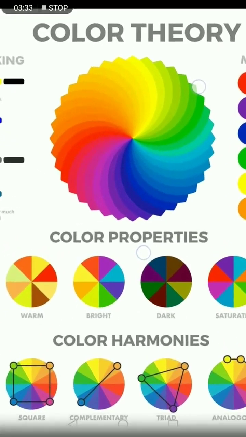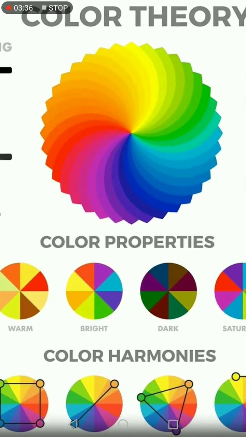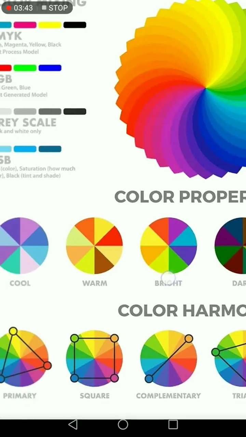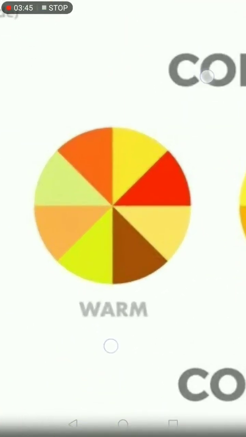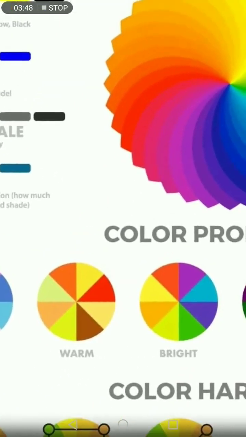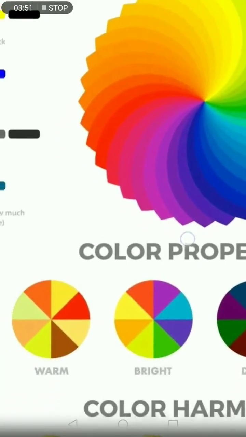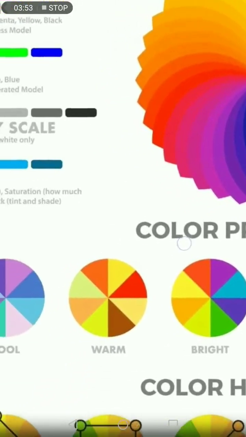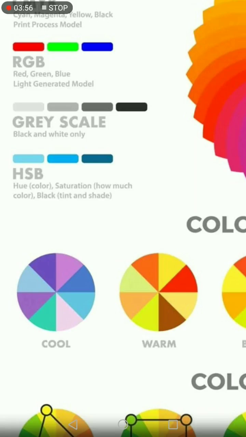So you have to understand there are some colors which work together with other colors, while others cannot. For example, we've talked of warm colors, the combination of red color to yellow colors. The cool colors, we're talking of blue to green.